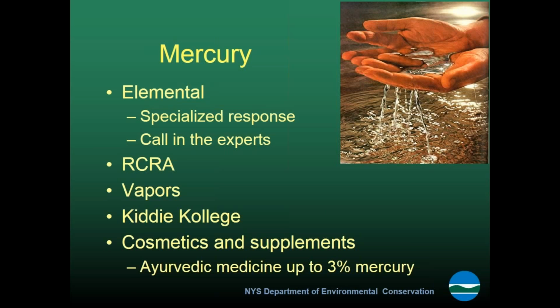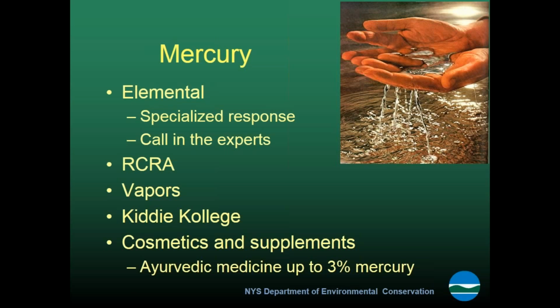Probably the worst environmental exposure to mercury vapors was at a site down in New Jersey, where the Kitty College Daycare Center was housed in an old mercury thermometer factory, and the walls were filled with elemental mercury, and there were very serious health effects from the mercury vapors. So the elemental mercury is certainly something to be aware of and to take seriously.